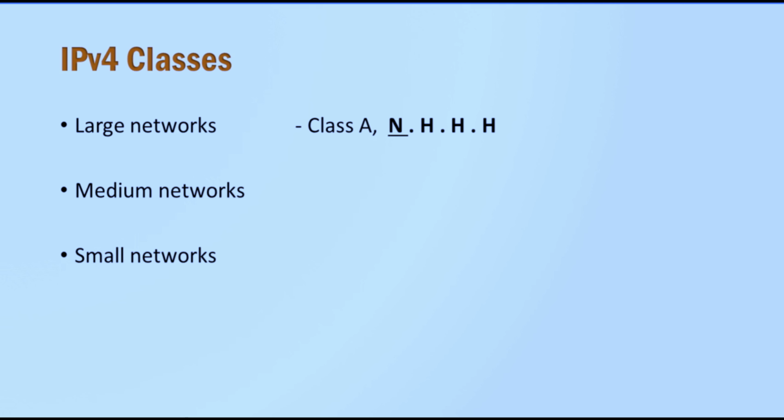And that is because in a Class A network, the first 8 bits or the first octet is the only octet that represents the network portion of that address. That means that there is only 256 Class A networks. One Class A network has 2 to the power of 24 different host addresses, or different combinations for the host portion of the address. 2 to the power of 24 is somewhere around 16 million addresses.